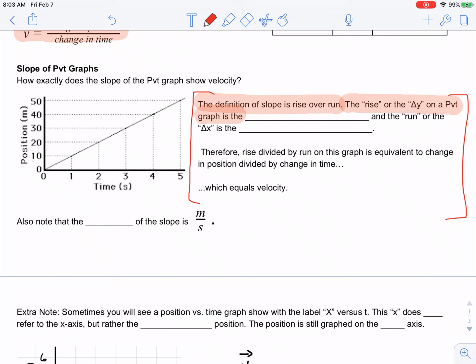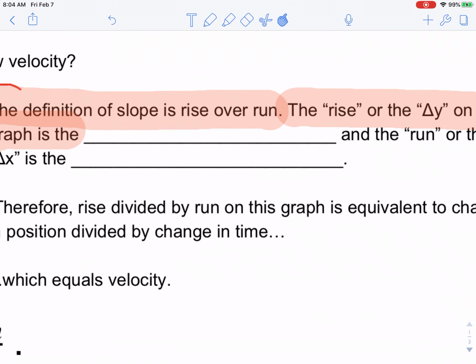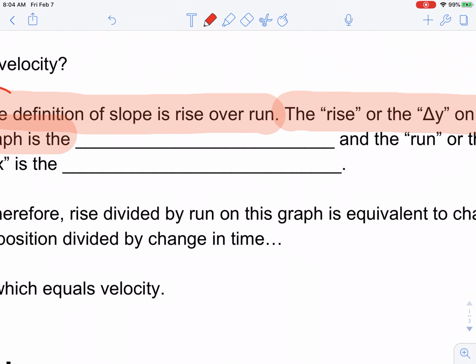So here's my y axis, and the rise here, we'll use this point. The rise is the change in position. The rise tells you the change in position. You can see that I started at 0 and ended at 50. So the rise of the graph is the change in position.